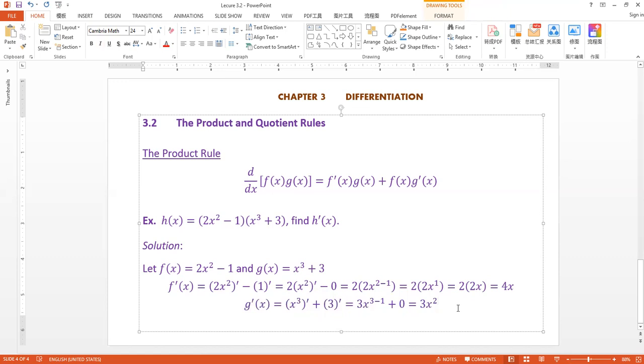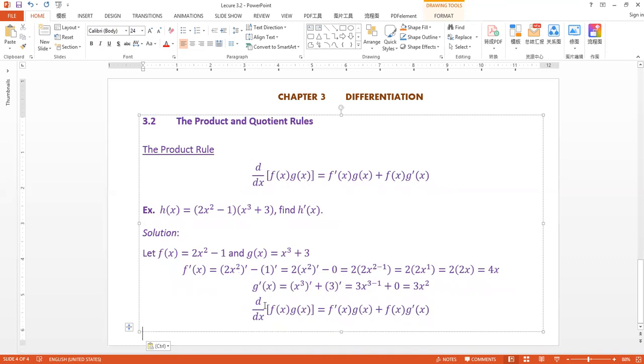So we got f prime and g prime, and then we're going to use this formula. So let me just write down the formula here. So we're trying to find h prime. Okay, sometimes we use prime, sometimes we use d or dx to denote the derivative function, but they are interchangeable, exactly the same.